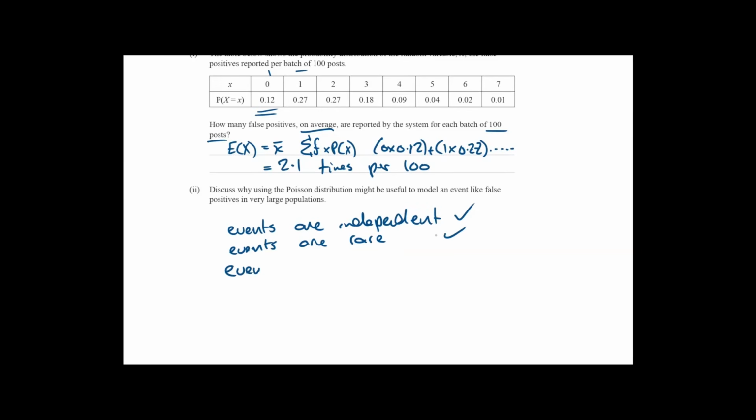The events have set probability, that is, that they don't sort of evolve over time, yes. And there is a relatively large population space, yes. It needs these four things really to be in order for the Poisson distribution to be useful.